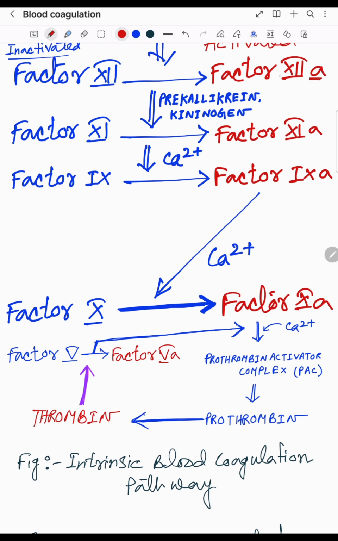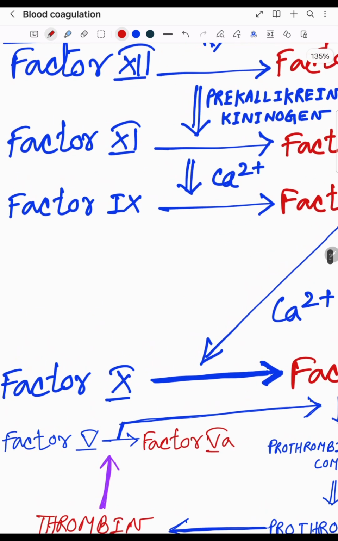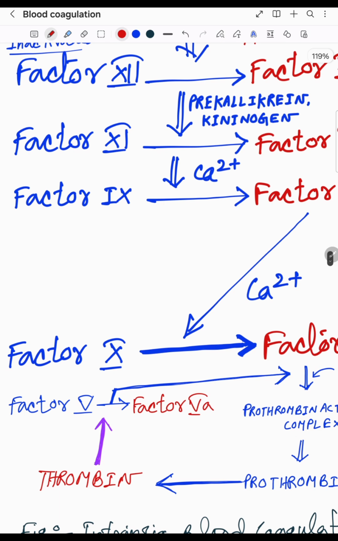So now after factor 12A, this factor 12A will help in the activation of factor 11. So factor 11 is now getting converted to factor 11A. This is the inactivated factor 11.